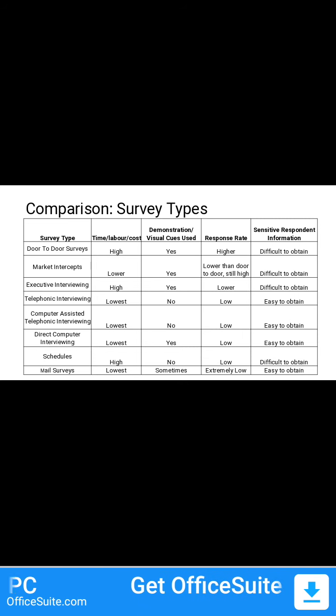So in case you want to obtain some sensitive information, go for telephonic interviewing. You can go for computer assisted telephonic interviewing. You can go for direct computer interviewing also, and mail surveys also. Fine. Now the task for you is, first, to write down the general rules that I have talked about as far as all these four criteria are concerned, and based on that try and find out which surveys are better on which particular criteria and which surveys are not as good as others on that criteria.